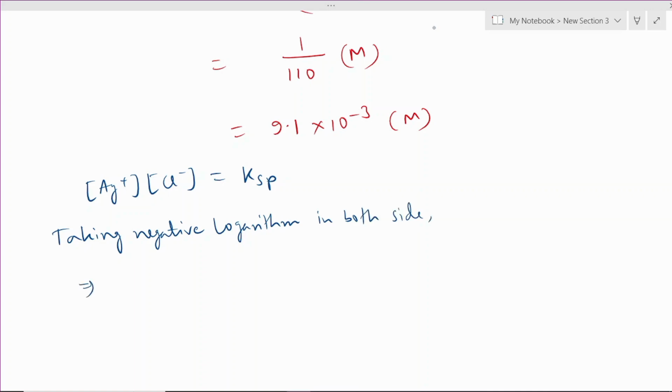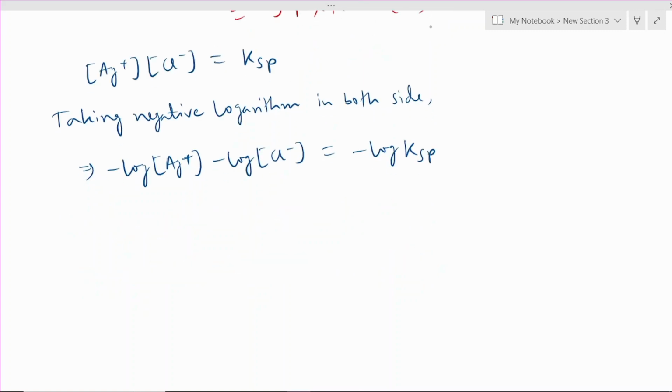So we get minus log concentration of Ag+ plus minus log concentration of Cl- and minus log Ksp. And we have to put the values.